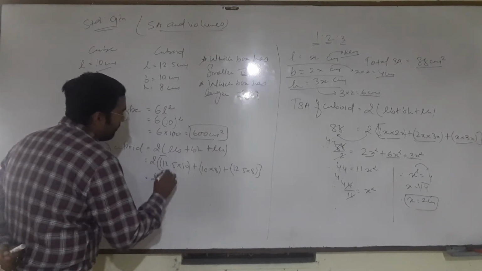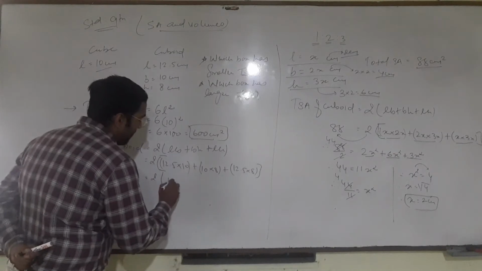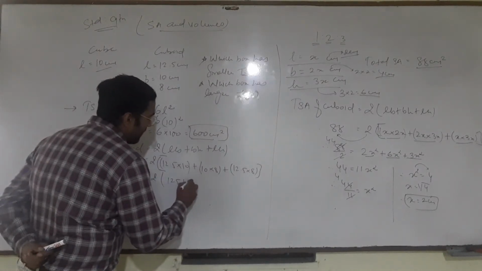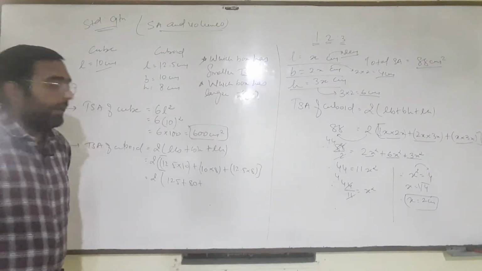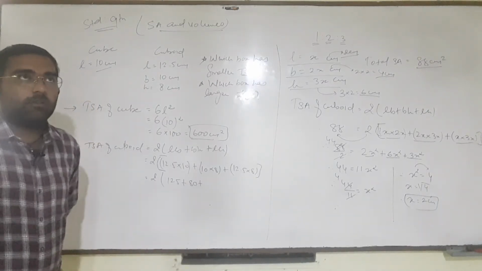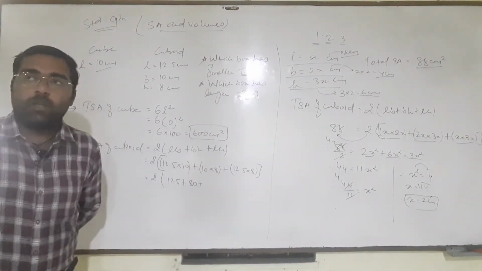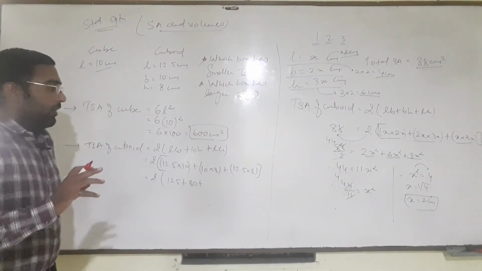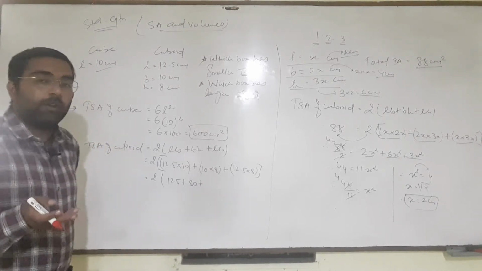So 2 into 12.5 into 10, that is 125, plus 10 into 8, that is 80, plus now 125 into 8. Therefore, 125 2s are 250, and 125 4s are 500.